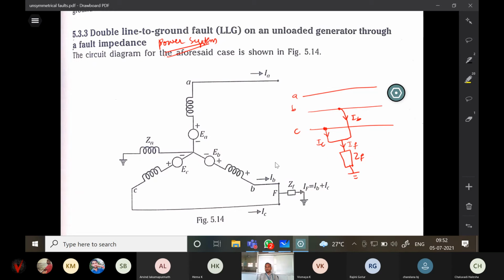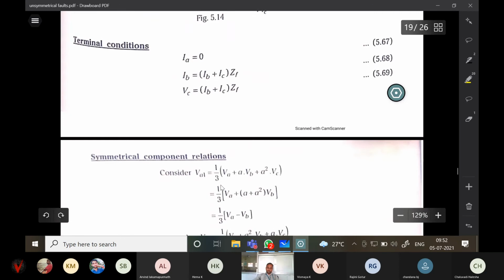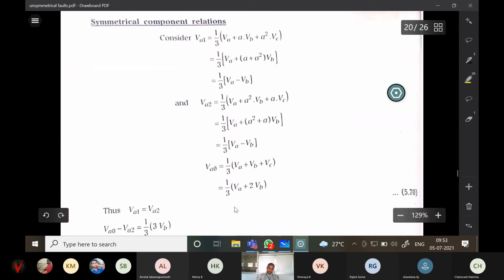Okay, you need to replace this diagram by this in the third derivation, and the remaining terms are the same. IA is equal to 0, VB is equal to IB plus IC into ZF, and VC is equal to IB plus IC into ZF. Okay, and the symmetrical component relations are all the same.